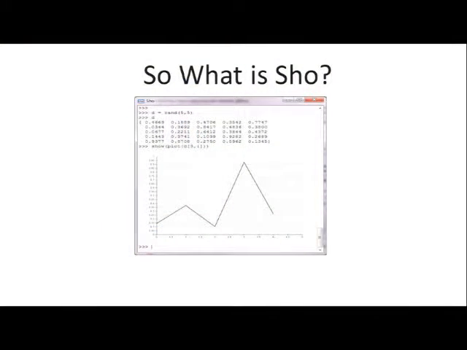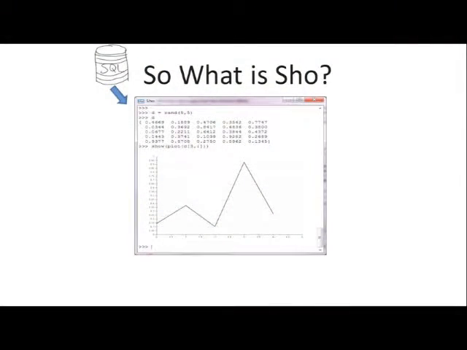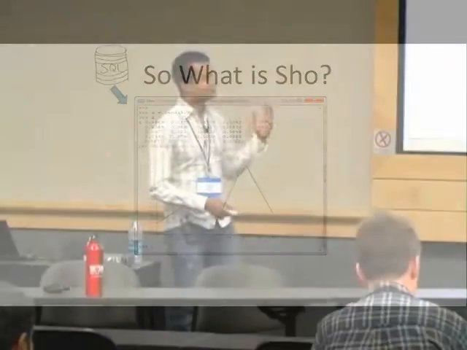So what is Show? Fundamentally, Show is a lot like any of these other environments. You have an interactive command prompt where you can have these mathematical types, and you can have plots, and you can type things and look at them interactively and so forth. But what makes Show different, and we'll talk in greater detail about this, is that typically when you're doing scientific computing, you don't do it in a vacuum. It's not that you just have a text file with your data and you can just load it up and get your answers.